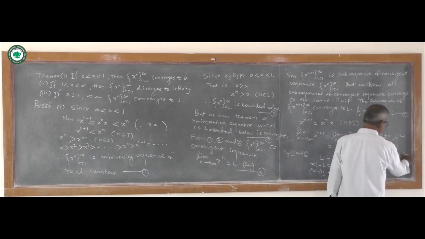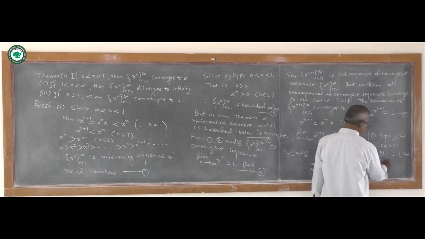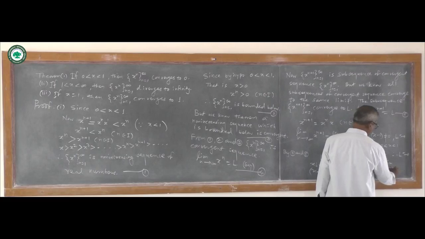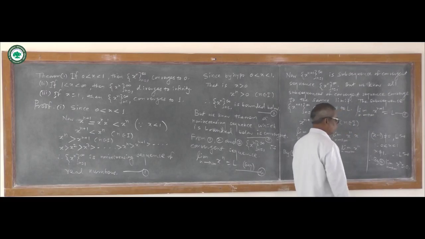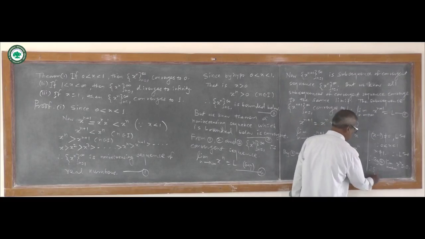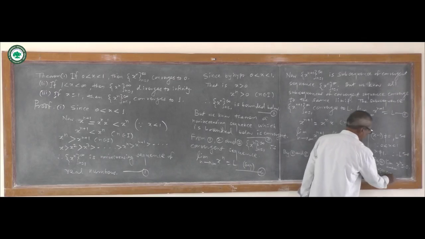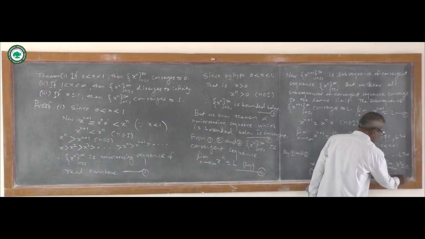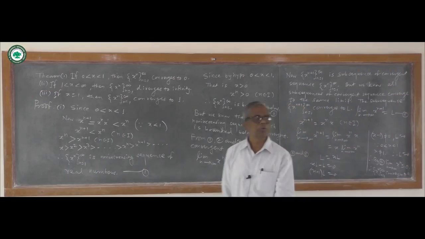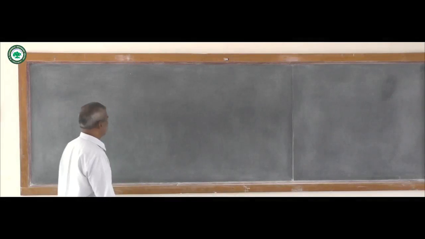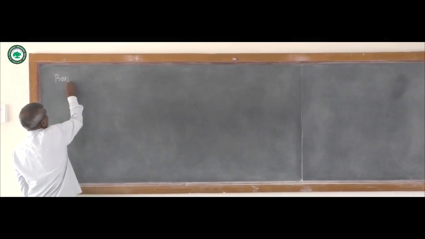Therefore, L is equal to 0. Therefore, by 4, the limit as n tends to infinity of x^n is equal to 0. Therefore, the sequence x^n, n = 1 to infinity, converges to 0. Proof of the second result.